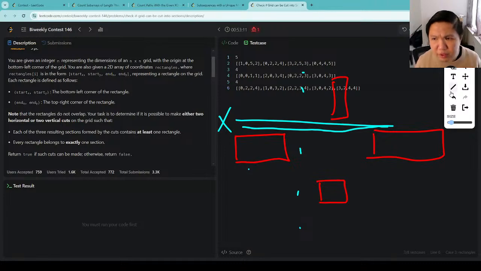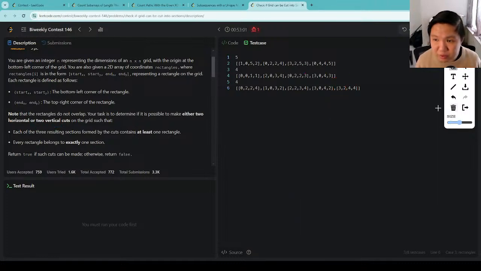Okay, so probably what you want to do is to separate horizontal cuts and vertical cuts into 2 different problems. If you're thinking of vertical cuts only, then you can think of rectangles as overlapping ranges.